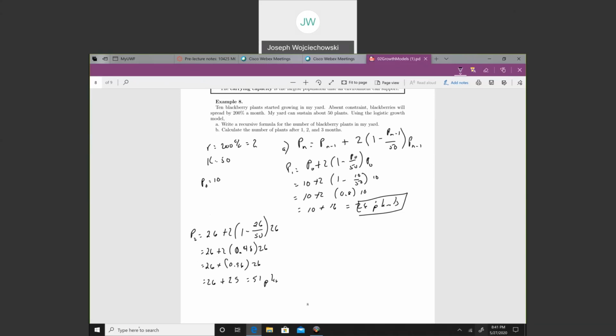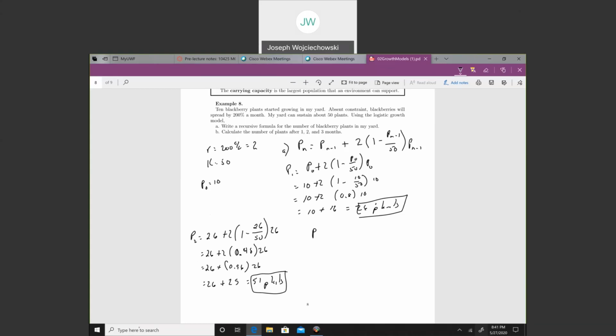Now, the thing was, our carrying capacity is 50. So what do you think is going to happen for P3? Well, something's going to die. So P3 is equal to P2, which is 51, plus 2 times 1 minus 51 over 50 times 51. And here you'll see what happens. We have 51 plus 2 times 1 minus 1.02.